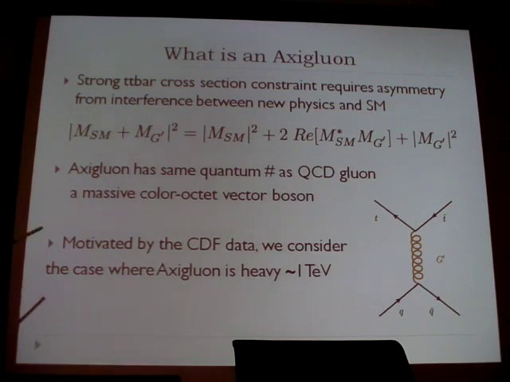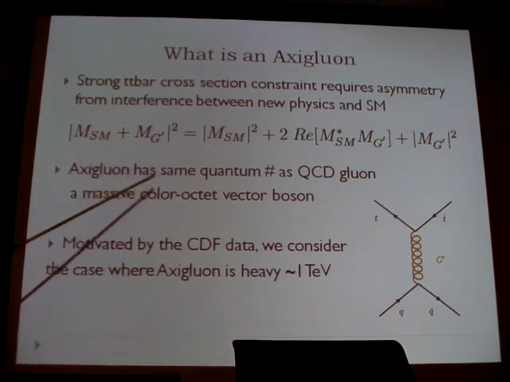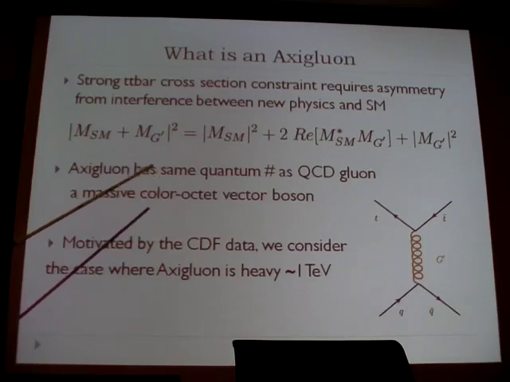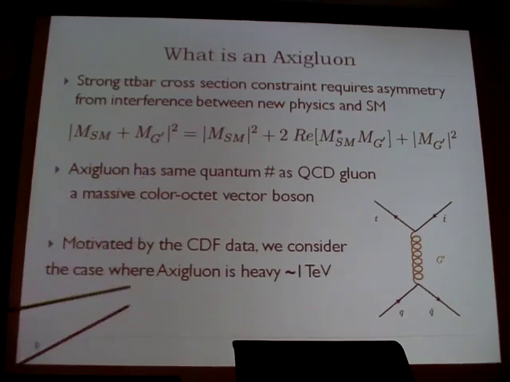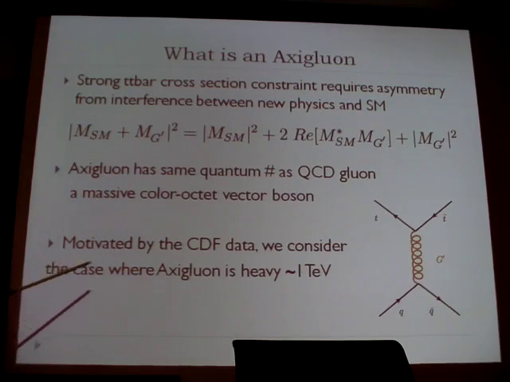That leads us to consider that the asymmetry should be generated from the interference between the new physics and the standard model. It cannot be generated from the new physics only. So we want to have an interference, so the Axigluon has to have the same quantum numbers as the gluon. We will also consider the Axigluon to be heavy, around 1 TeV.